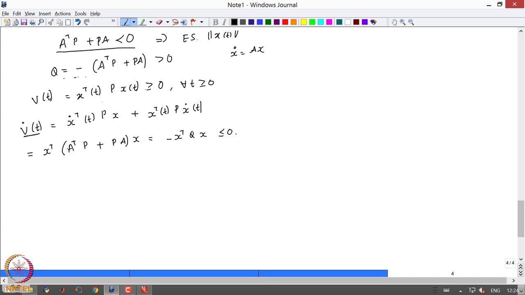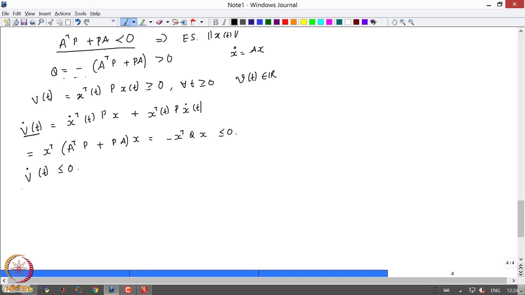Okay. Now just look at this V dot. Okay, it's a function, right? So V is a real valued function, and V dot is now less than or equal to 0. Okay. So what does this mean?